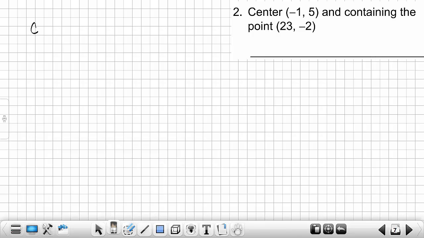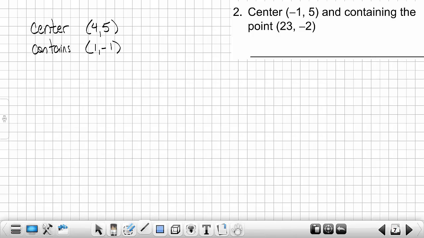So the center will be at 4, 5, and it contains the point 1, negative 1. I want us to think, first of all, visually what this would look like. That is what we're going to do, yes.